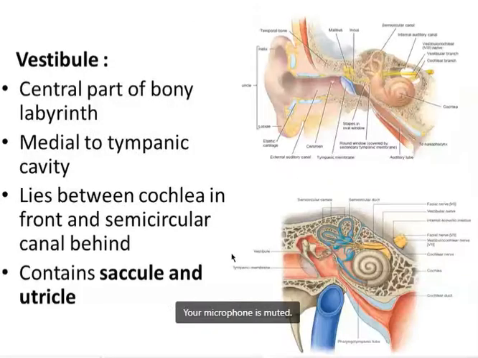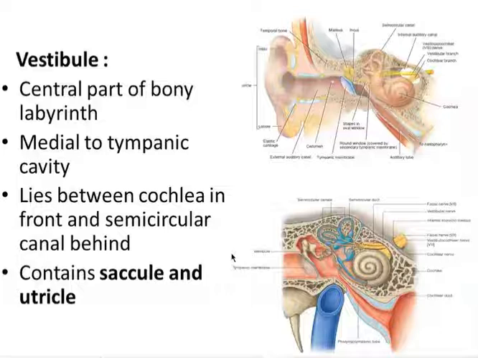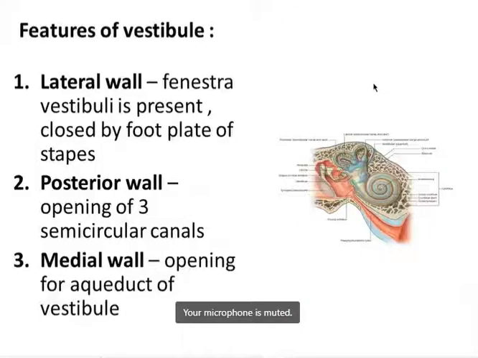Now coming to another part of the bony labyrinth, that is known as the vestibule. In this figure you can see this is the cochlea, and this part is the vestibule. It is the central part of the bony labyrinth, and it lies medial to the tympanic cavity, or the middle ear cavity.